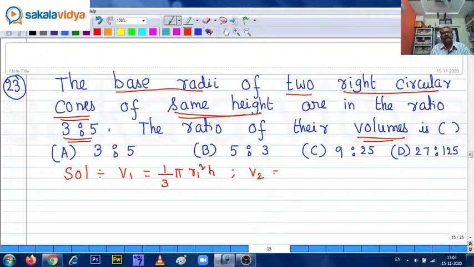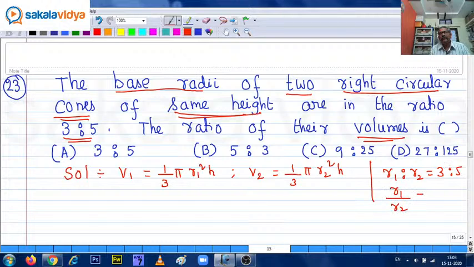V2 is 1/3 pi r2 square h. They are different radii, height is same. R1 is to R2 is equal to 3:5. So R1 upon R2 is equal to 3/5. If you cube it, you will get the answer. Yes, D is the right option.